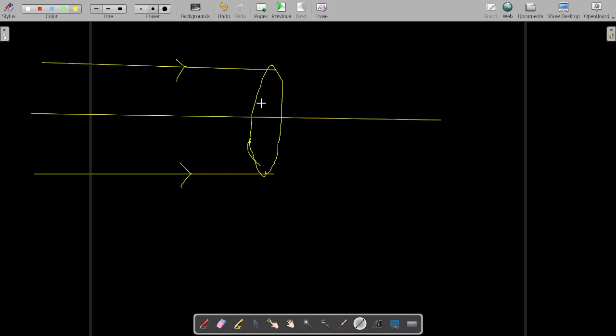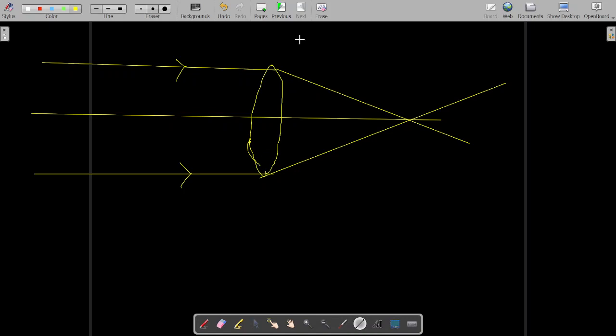So this will be your refraction. In general, we say that as parallel rays are coming from an object at infinity, they will be focused at the focal length.